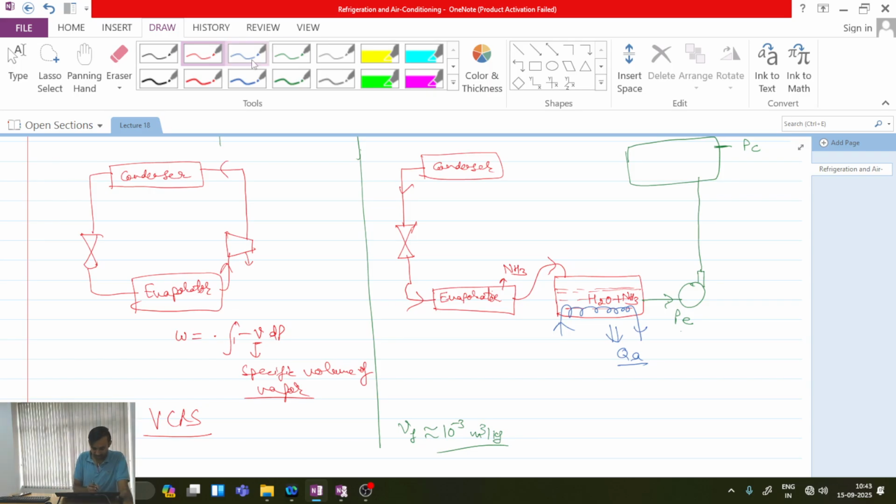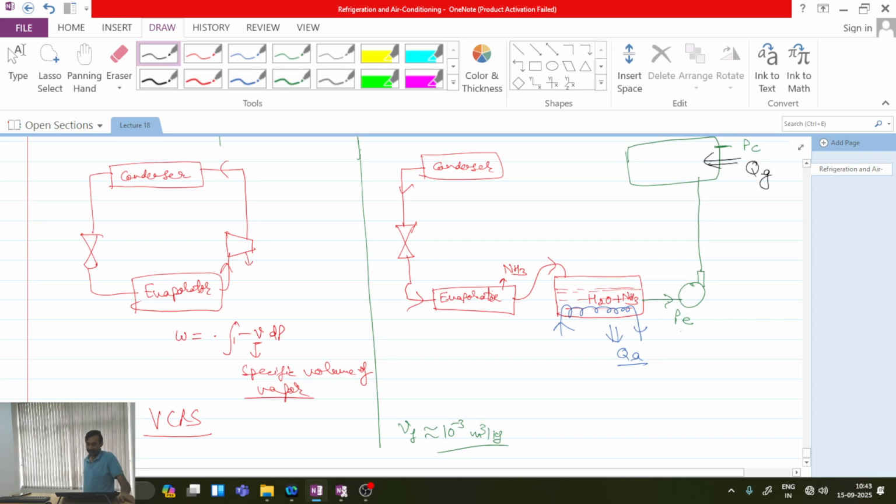Now what do I need to do? Please tell me. Here, though I have increased the pressure, I again have a mixture of ammonia and water. But in the condenser I need to send only ammonia, and whatever water forms over here I can pass to the bottom chamber. In order to separate the liquid solution of ammonia and water, I need to heat it. So I will be adding Qg amount of heat over here.